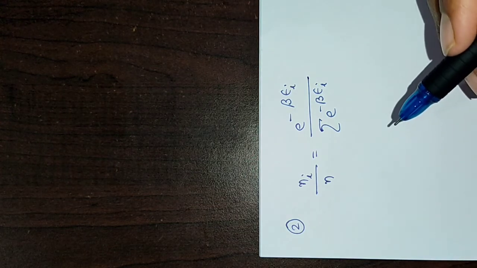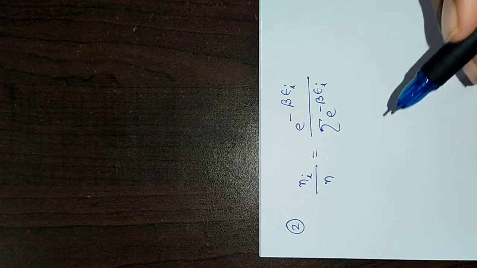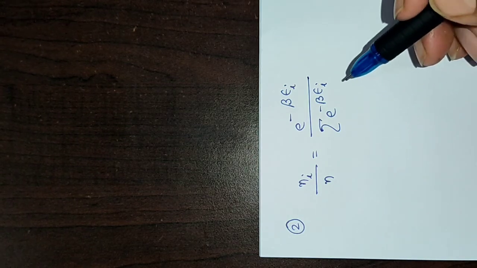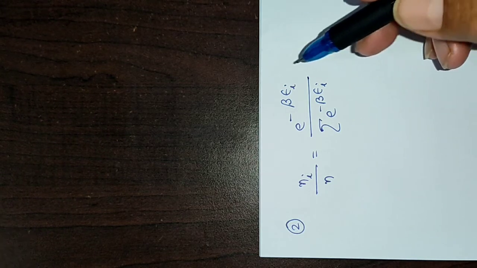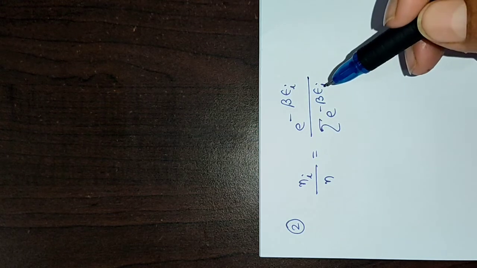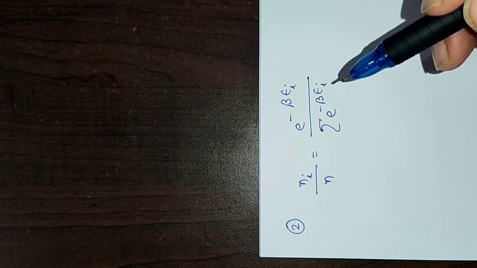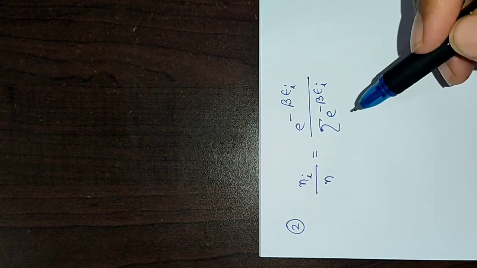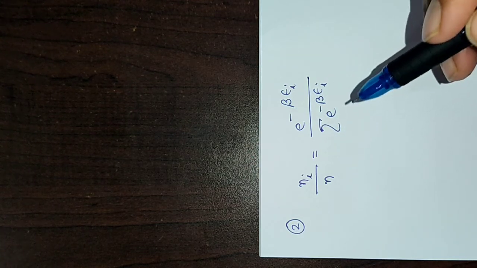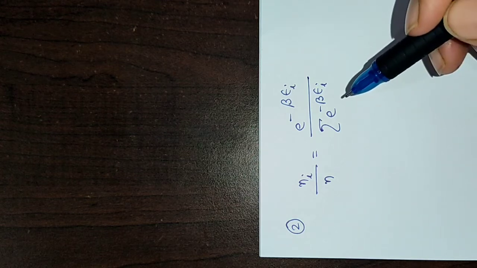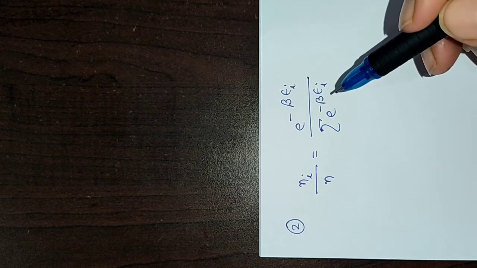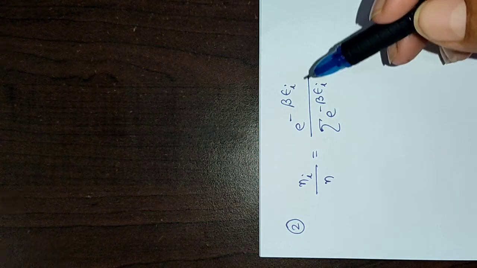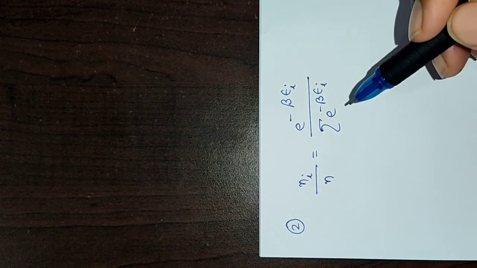Now the question was, since distribution is a function of temperature, this expression must contain the symbol temperature as it will control the distribution. So where is the temperature factor being incorporated in this equation, that you have to predict. That was the question.